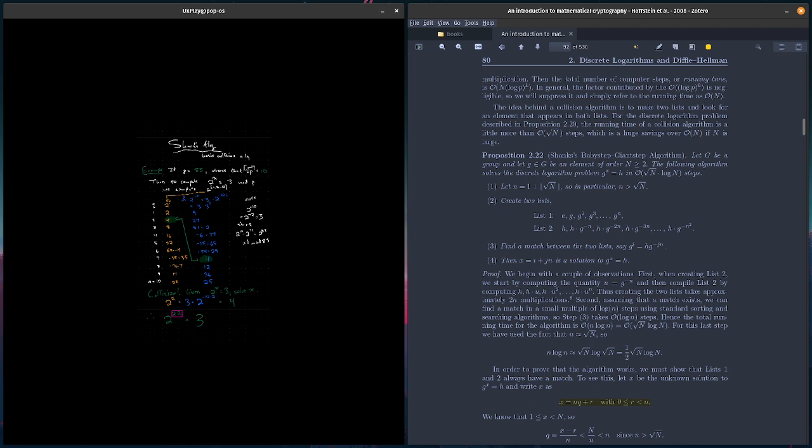So obviously, Shank's algorithm is a core insight into how collision algorithms work. There's one other algorithm in the book, in what I believe to be section 4.3 or 4.4, on the Pollard rho attack, which gives another example of how to compute collision algorithms. But both of these results are basically that we can do searching in at least square root of n time.